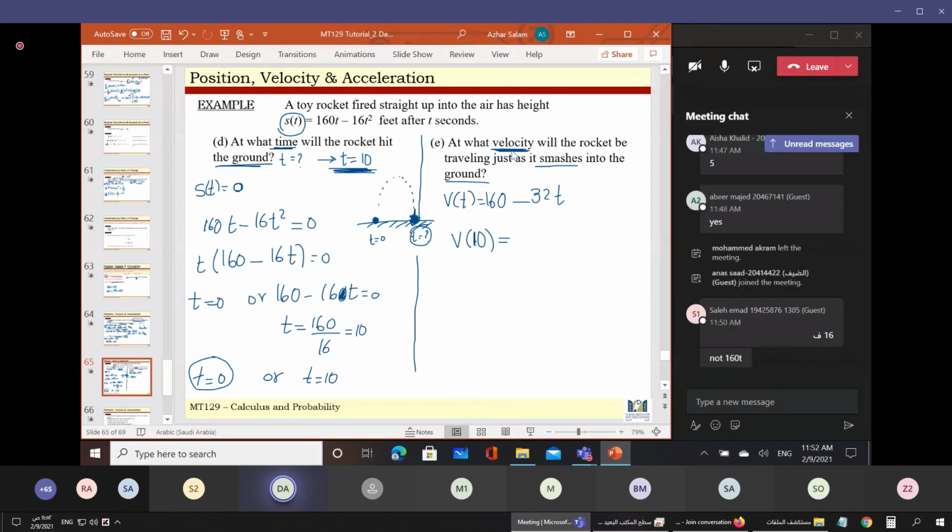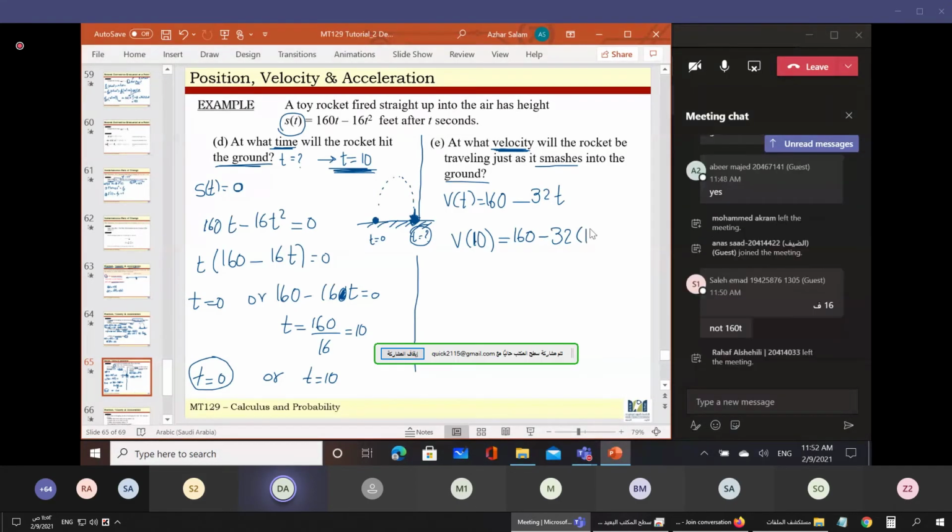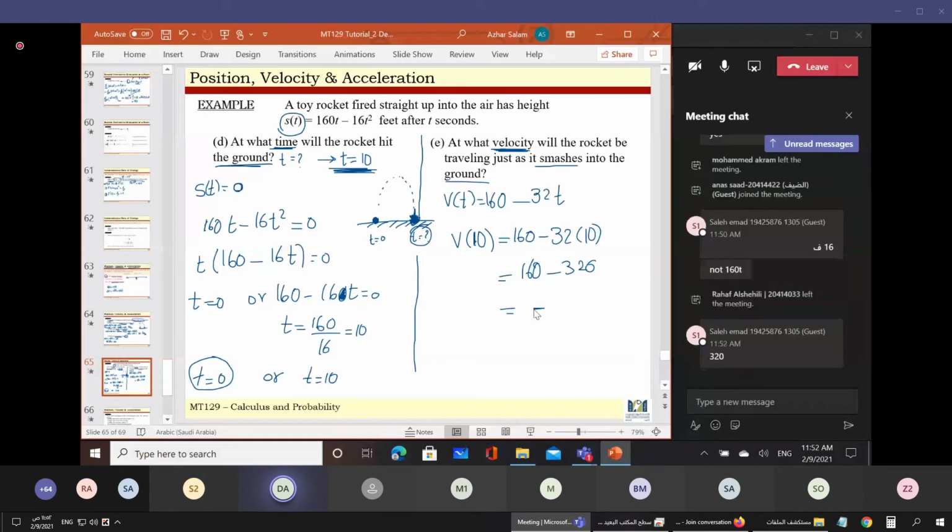It will be 160 minus 32 multiplied by 10. So it will be 160 minus 320. The result will be negative. Negative how much?